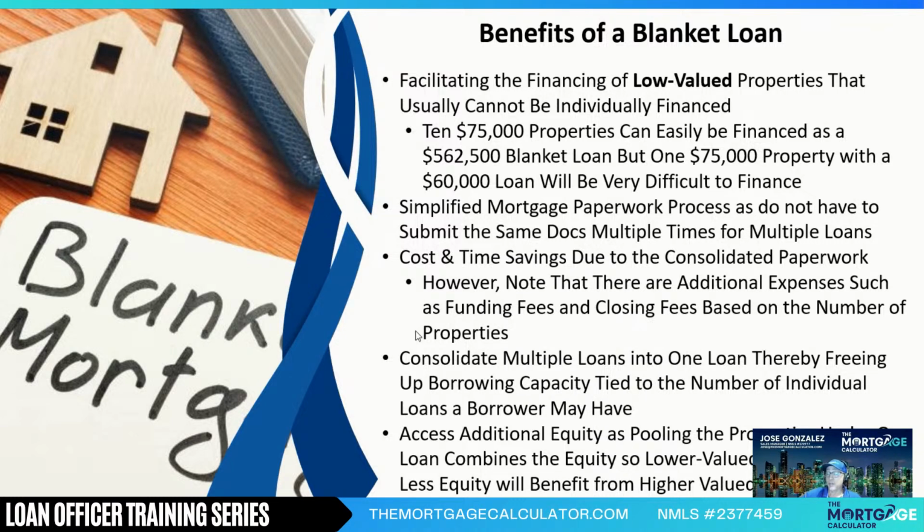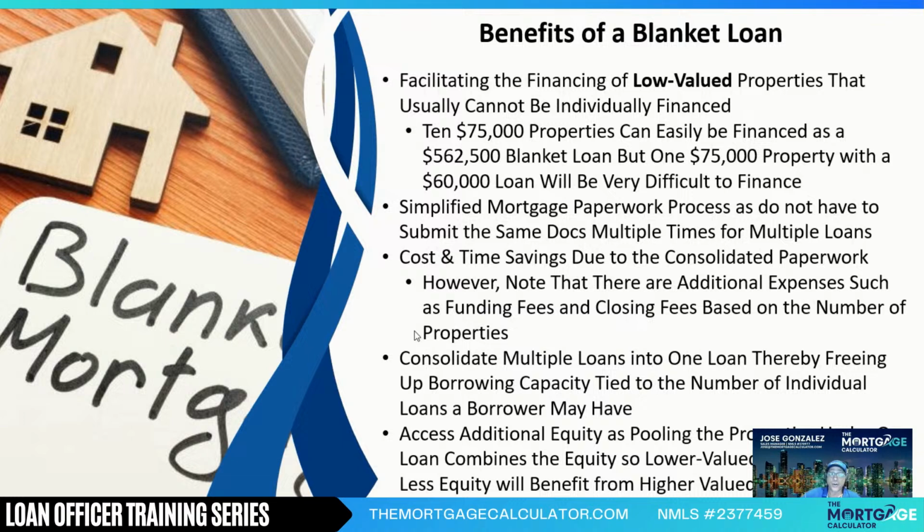You could put a bunch of your properties that have loans on them right now into a portfolio loan to free up your loans that way. Or if you already have 10 or 12 properties or whatever, maybe the limit has been reached, you could then do your purchase as a portfolio loan and only have one additional loan and not have the issue of having too many properties individually financed.